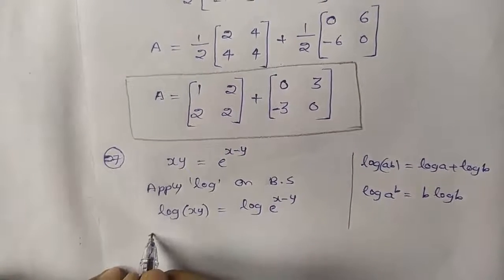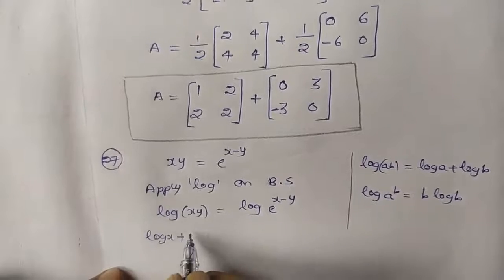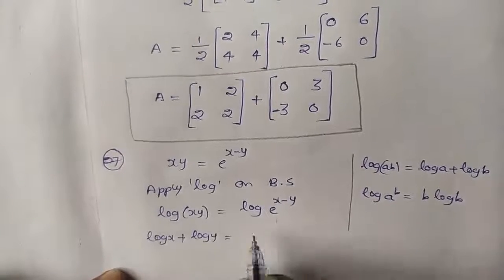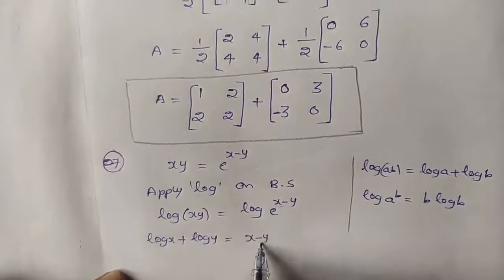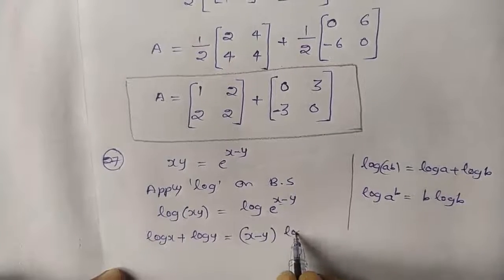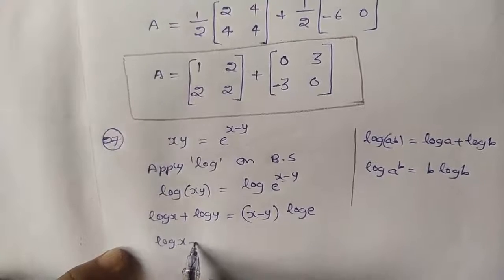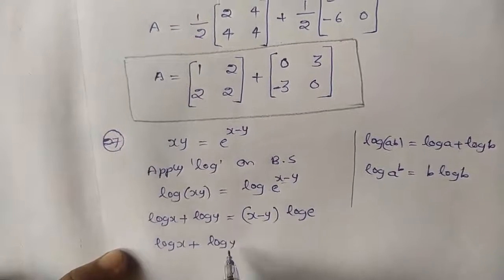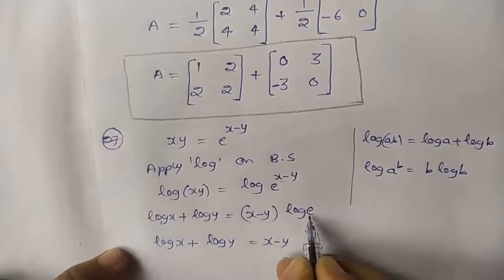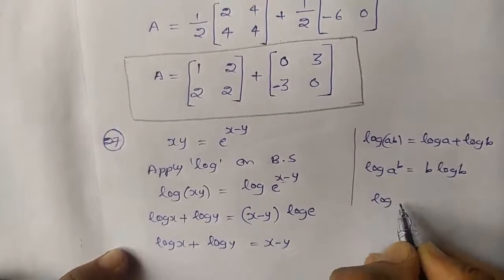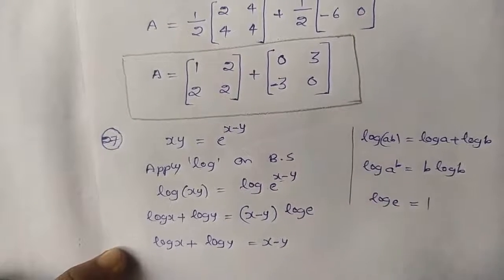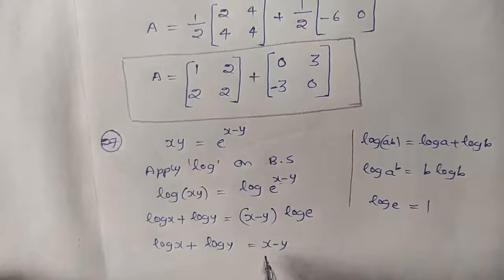So log xy is log x plus log y. That equals x minus y into log e. So next, log x plus log y equals x minus y. Log e is what? We have the property that log e is 1. X minus y into 1.